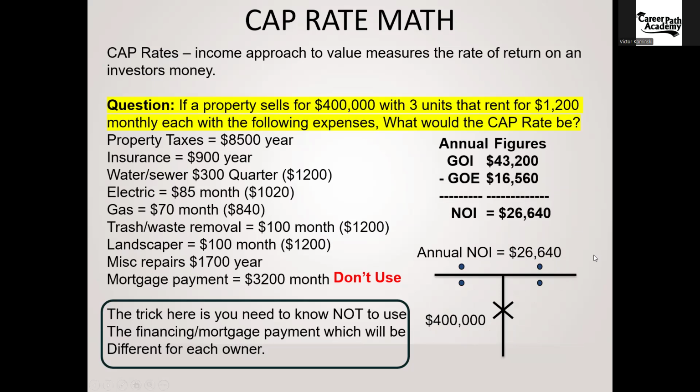The top number goes in the calculator first, TGIF, top number goes in the calculator first. Divided by 400,000, and you get a cap rate of 6%. 6.6% to be exact. Now, the trick here is you need to know not to use the financing and mortgage payment, because that's a number they gave you as an expense. You'd get a different number if you factored that in.